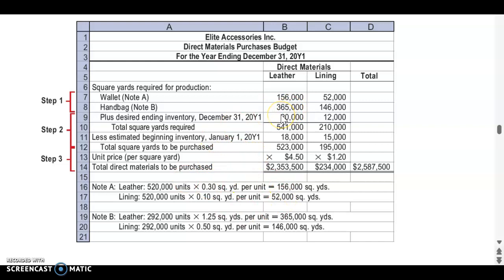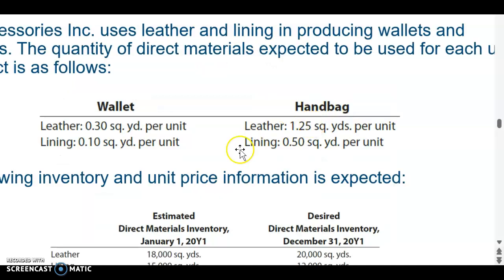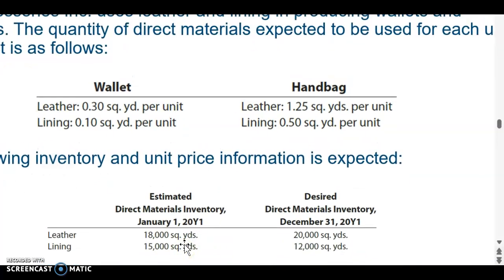And then we're going to add in our desired ending inventory, and it gave it to us. So let me show you where we got the desired ending inventory. Our desired ending inventory for leather was 20,000 and our desired ending inventory for lining was 12,000.